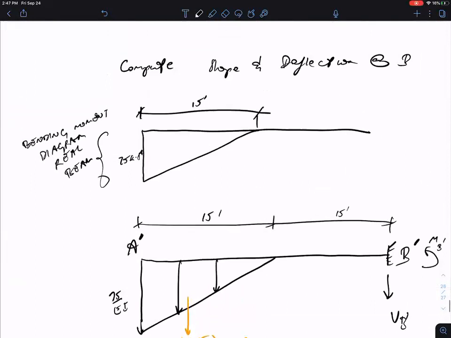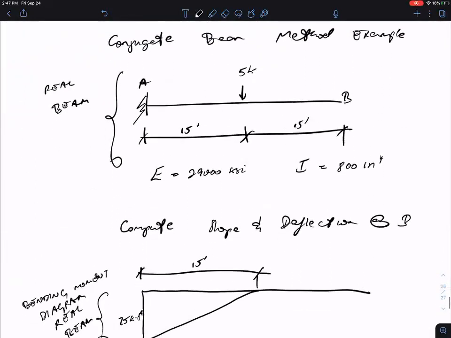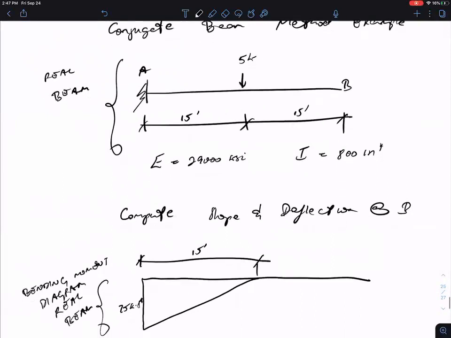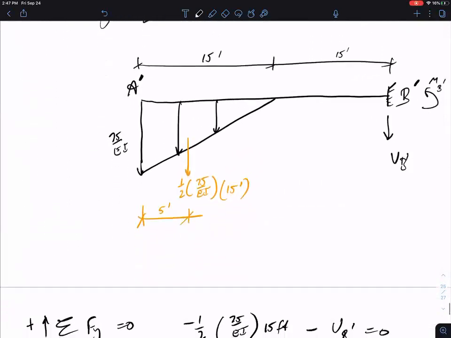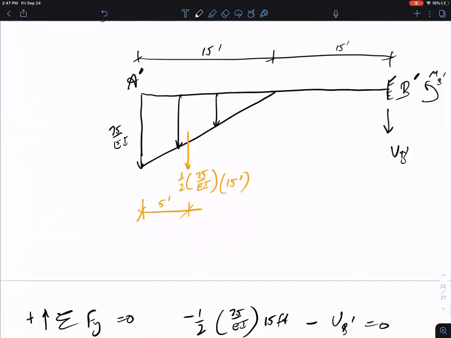So to summarize, we wanted to compute the slope and displacement at point B in this cantilever beam using the conjugate beam method. We started off by establishing the moment diagram for the real beam. Then we created the conjugate beam, which was loaded with the M over EI diagram from the real beam.